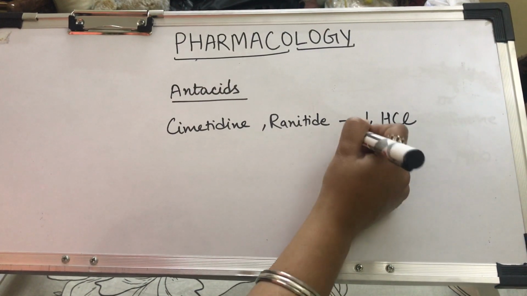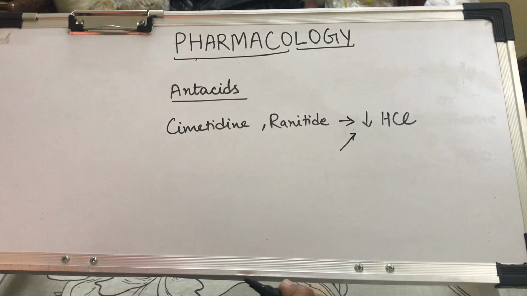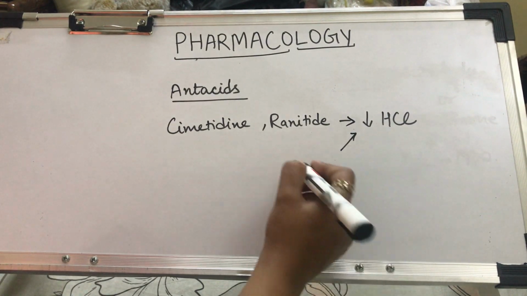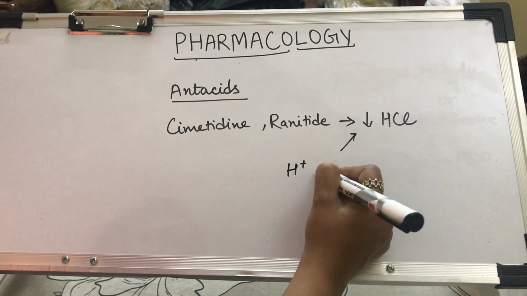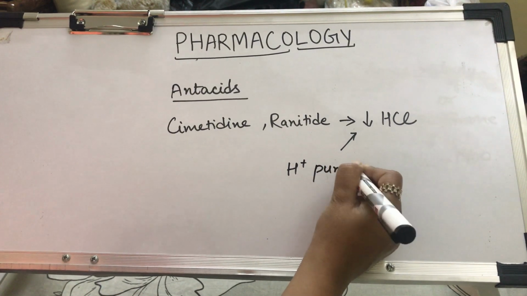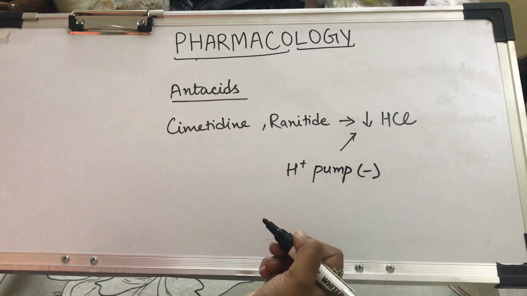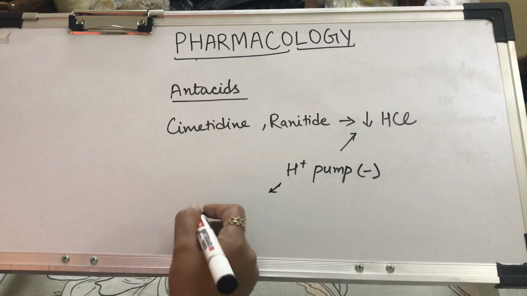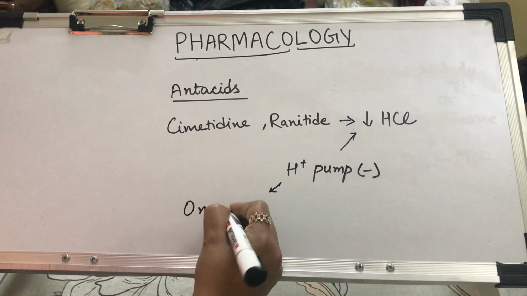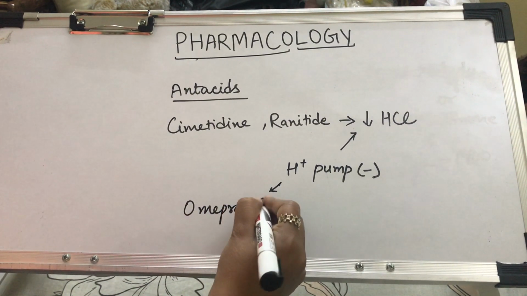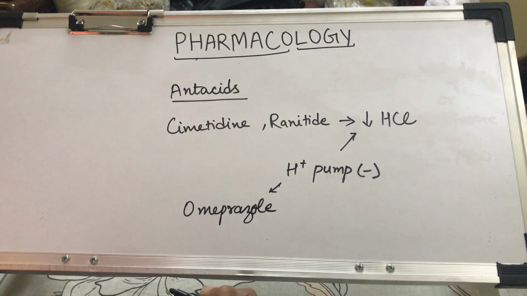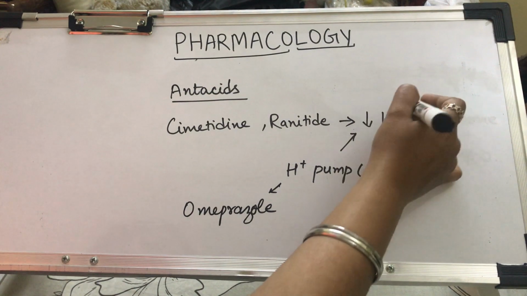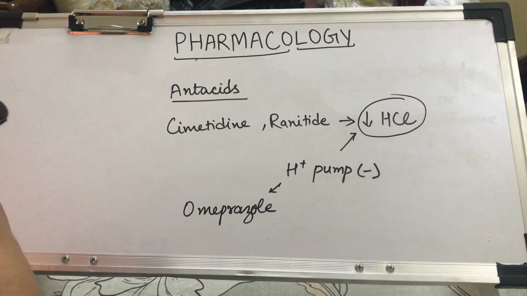Other agents which again lower the HCl secretion are your proton pump inhibitors. For example, omeprazole is one example, pantoprazole is a second example. So these are going to inhibit the HCl.